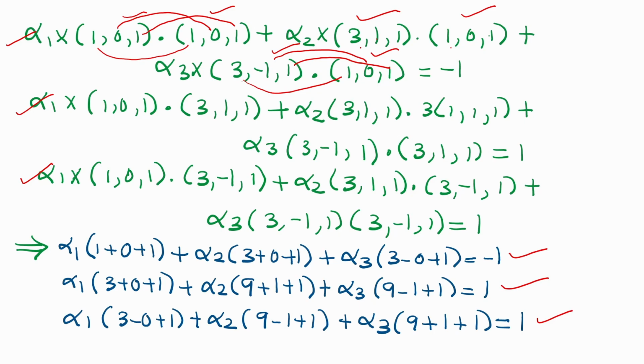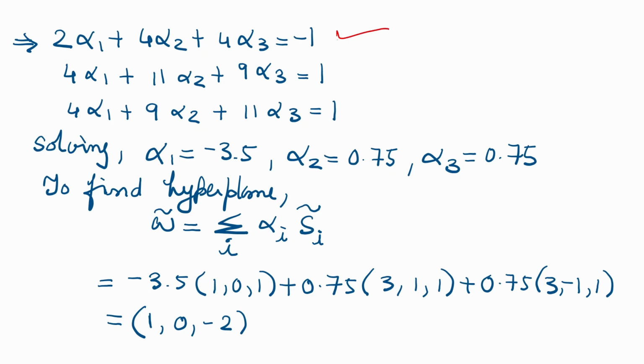Now when you are adding this, you are getting the equation as 2 alpha 1. Here this becomes 2, this is 4, this is 3 plus 1, 4. So the first equation becomes 2 alpha 1 plus 4 alpha 2 plus 4 alpha 3 is equal to minus 1. Similarly, the second equation is 4 alpha 1 plus 11 alpha 2 plus 9 alpha 3 is equal to 1.